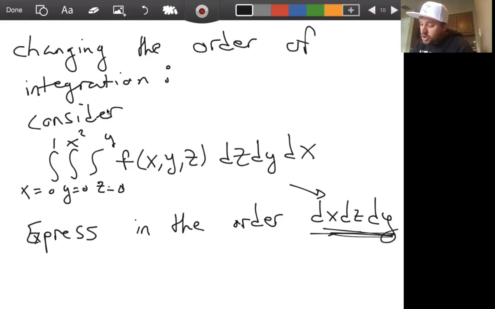So first, let's look at what our region is, and then break it down into two-dimensional pictures along the coordinate plane projections and see if we can rewrite this region in this particular order, right? And so what is this region?